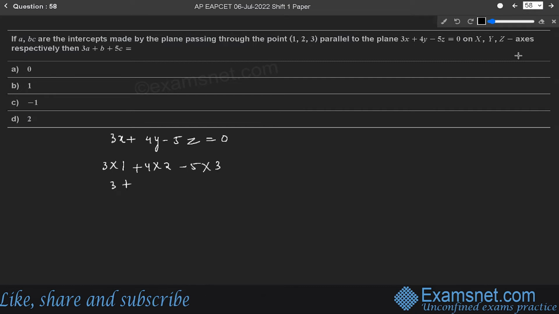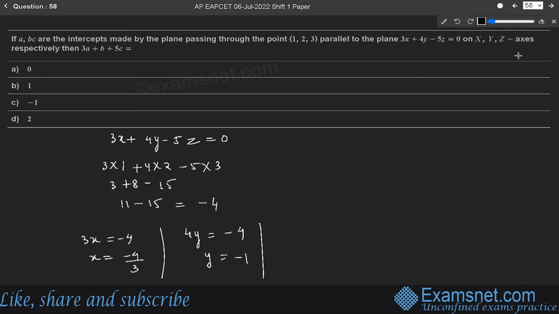It will be 3 plus 8 minus 15. 11 minus 15 is equal to minus 4. Now comparing the x part, which is 3x is equal to minus 4, x will be equal to minus 4 by 3. Similarly, comparing the y part, which will be 4y is equal to minus 4. So from here we can get the value for y, and y will be equal to minus of 1.